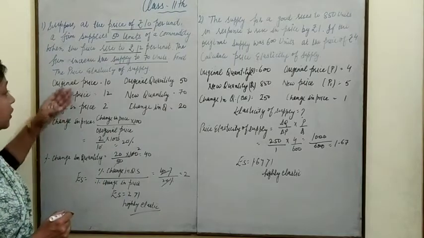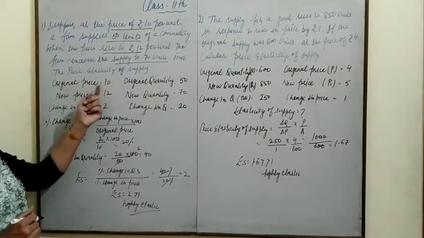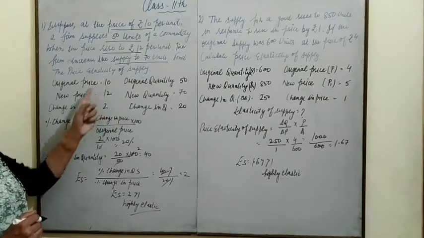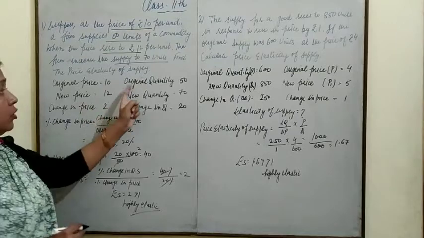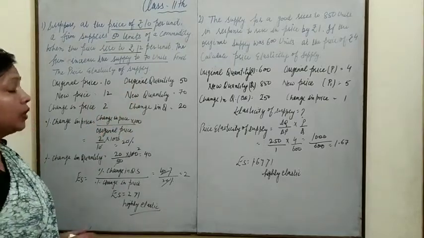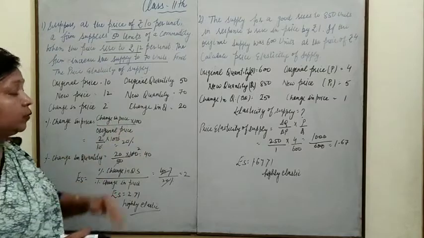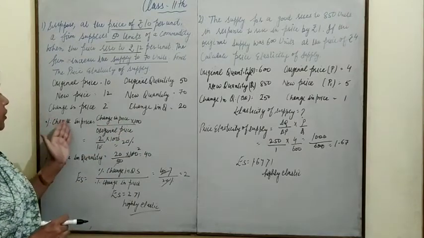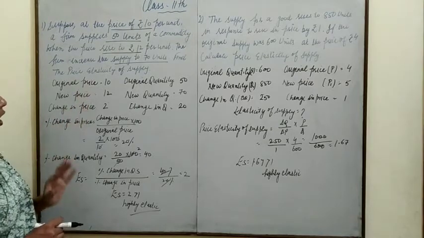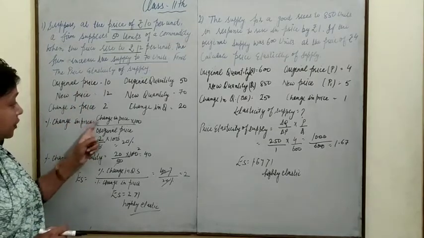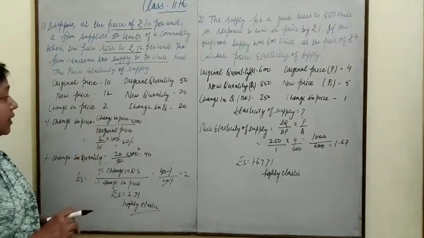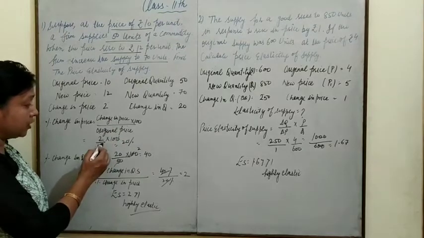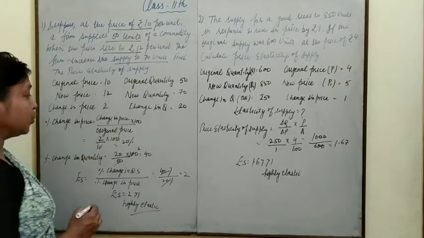Original price is 10, new price is 12, so the change in price is rupees 2, that is 12 minus 10. Original quantity is 50, new quantity is 70, so the change in quantity is 70 minus 50, that is 20. Now, how much percent change in price? That is change in price divided by original price multiplied by 100. Change in price 2, original price 10, multiplied by 100, that is 20%.